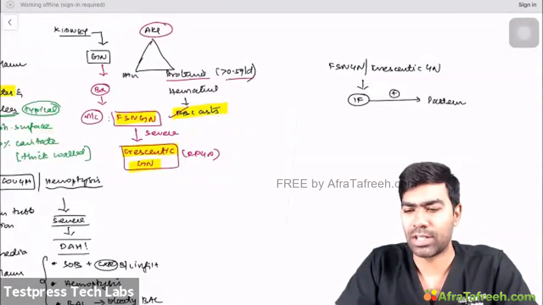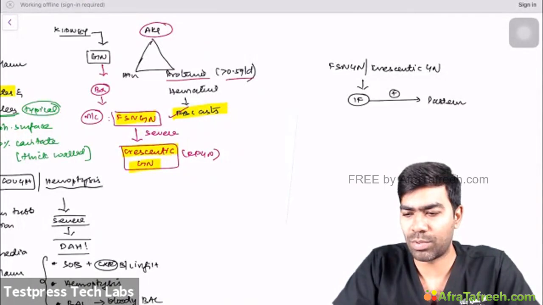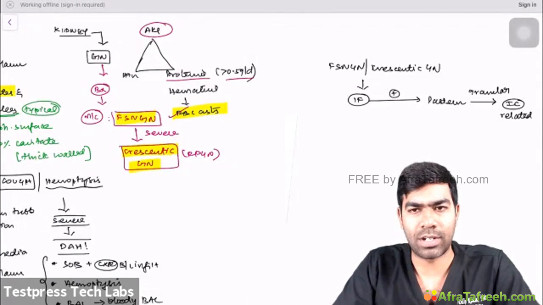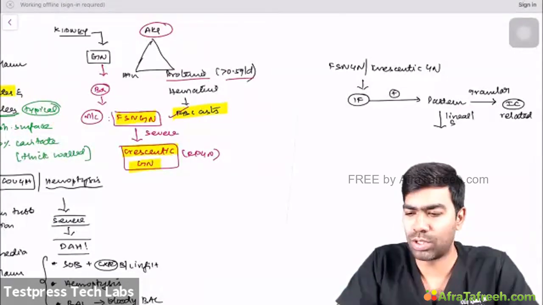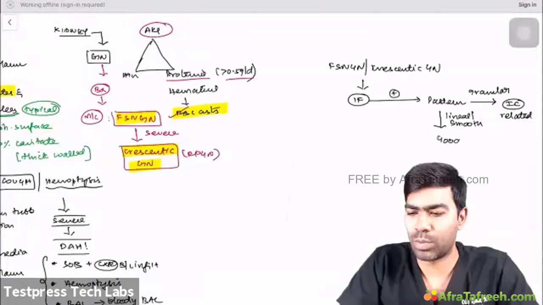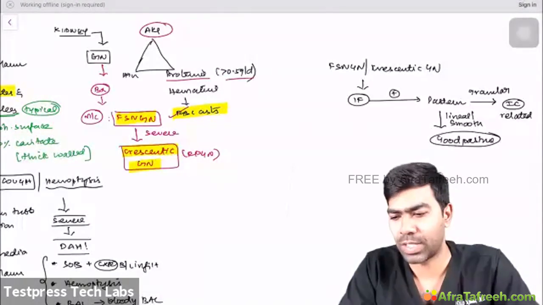If my pattern is granular, clumpy, chunky deposits, it's likely to be immune complex related RPGN. If my pattern is more linear, more smooth, then think about Goodpasture syndrome. That's the usual possibility in exams.